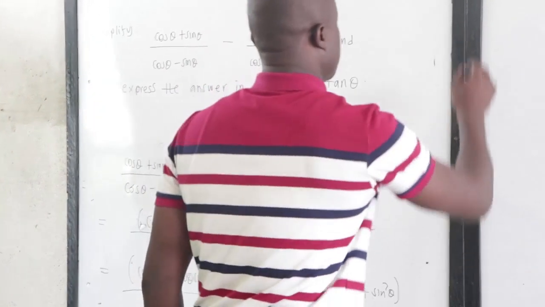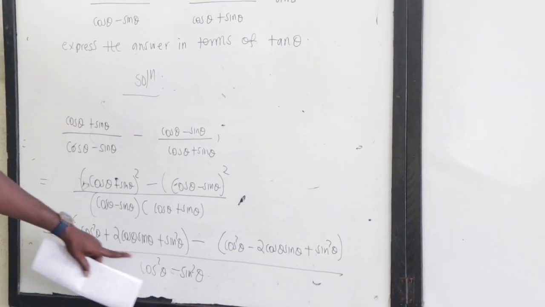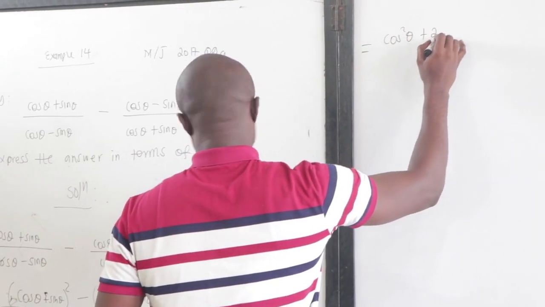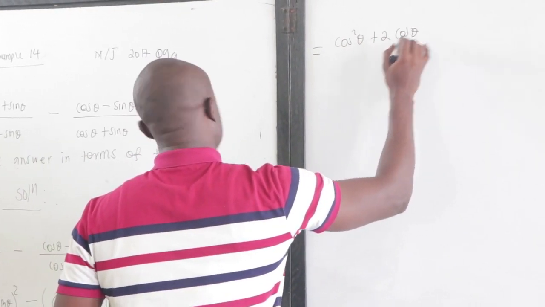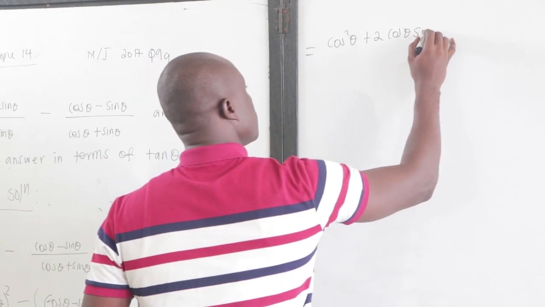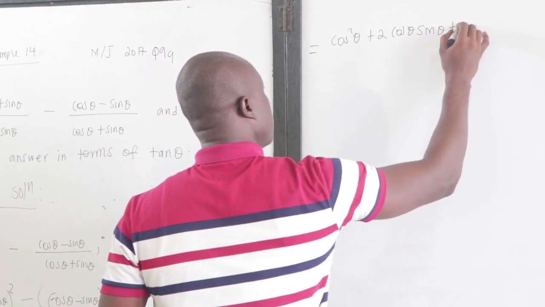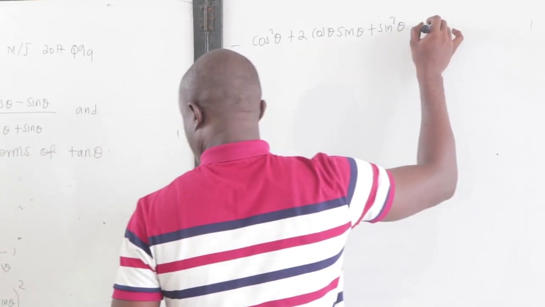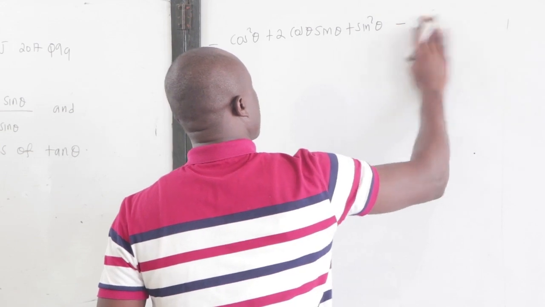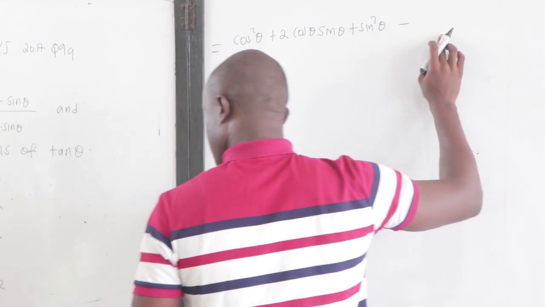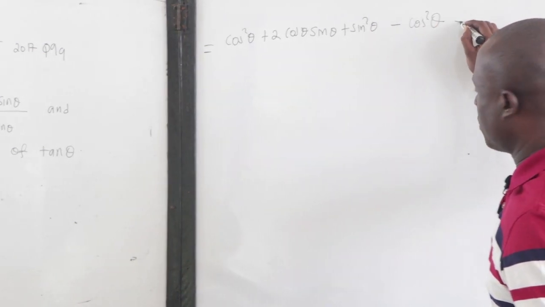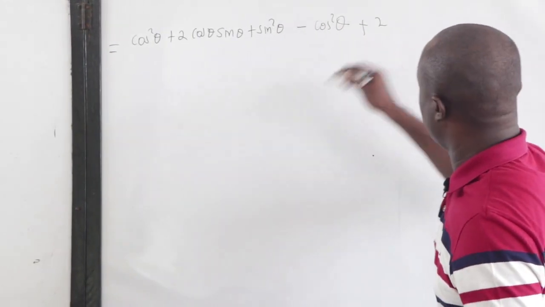Now, with this, let's see the numerator. So clearly, expanding, we have cos squared theta plus 2 cos theta sine theta plus sine square theta minus, when we expand with the negative, that will be negative cos squared theta plus, negative times negative, that is plus.